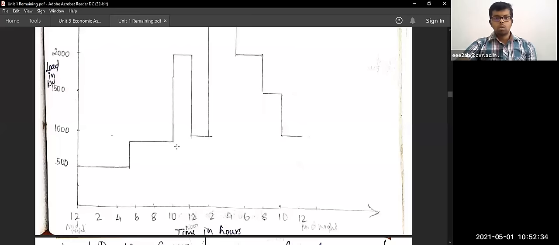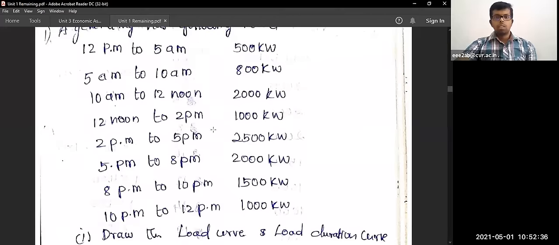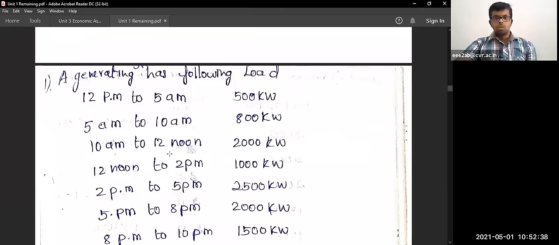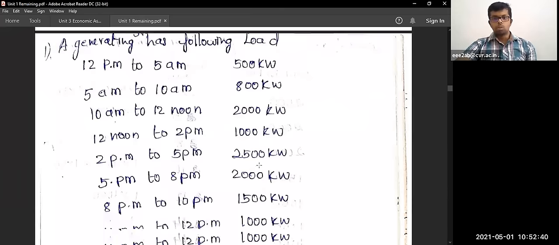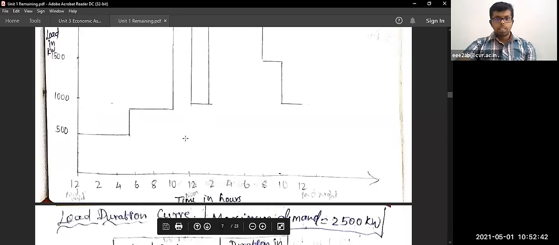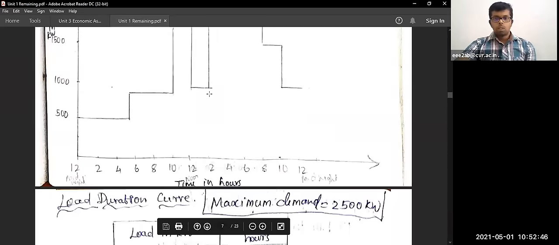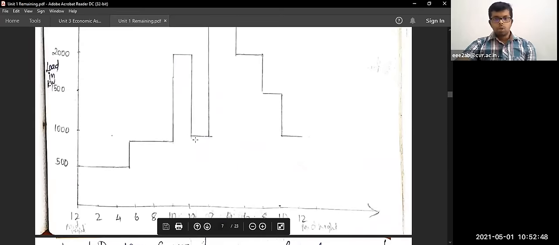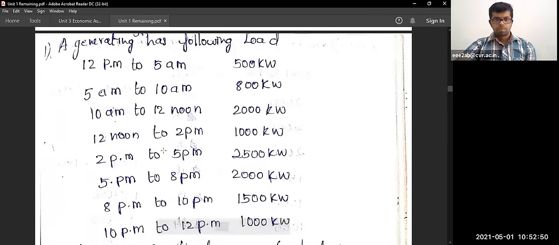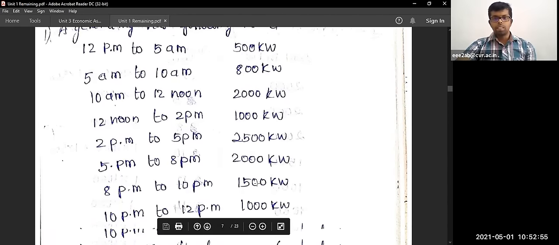Again, 10 to 12 is 2000 kilowatt. Next, 12 to 2 is again 1000 kilowatt. Next, 2 to 5 p.m. is 2500, 5 to 8 is 2000.